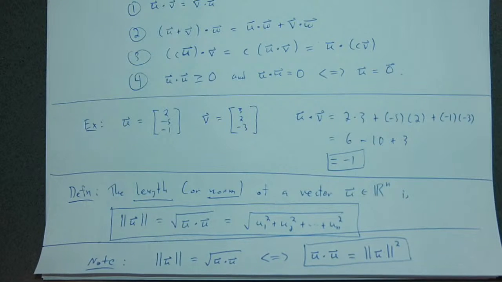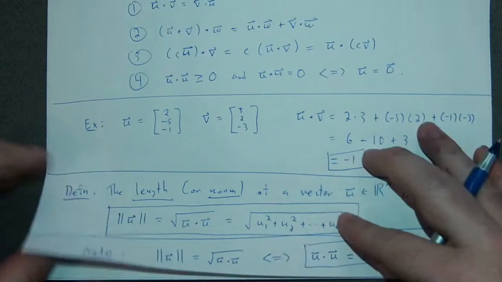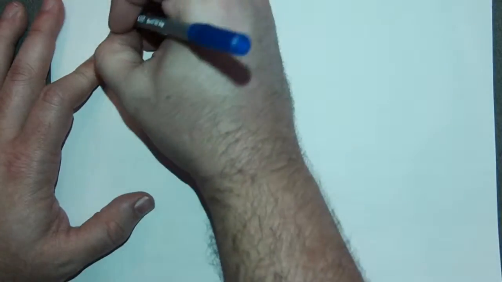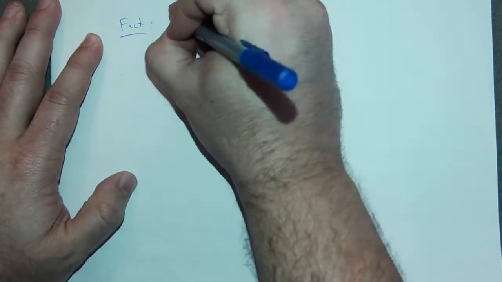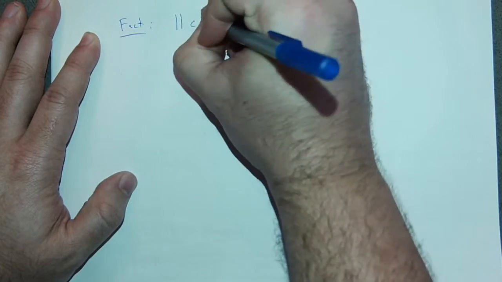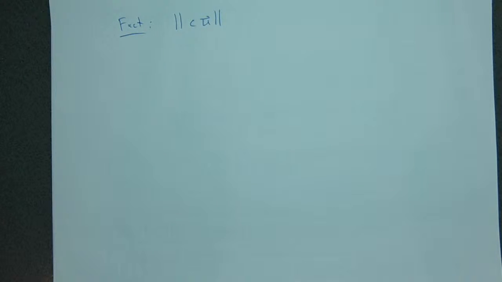Another thing that I get immediately is another property, a fact you might recall from the case of R3. What happens if I take the length of a scaled vector?